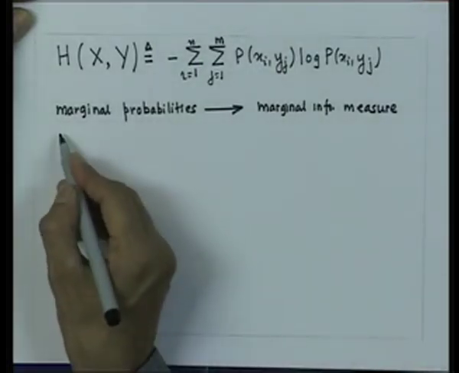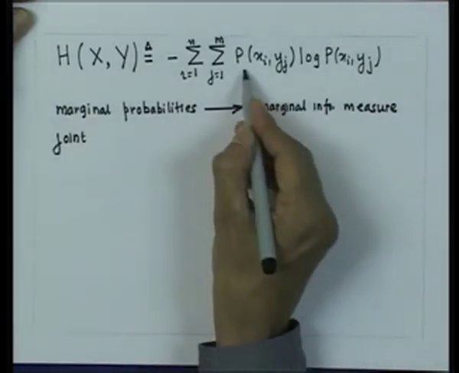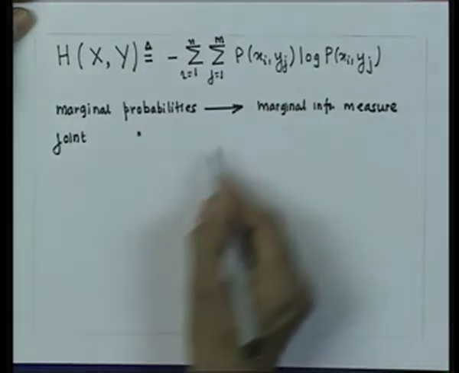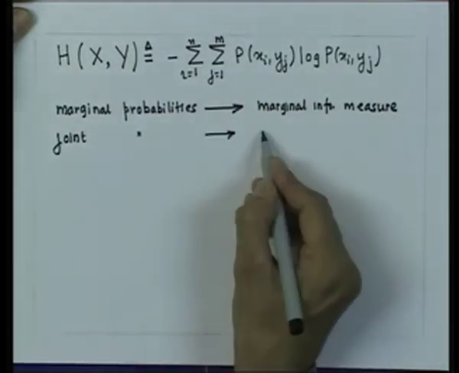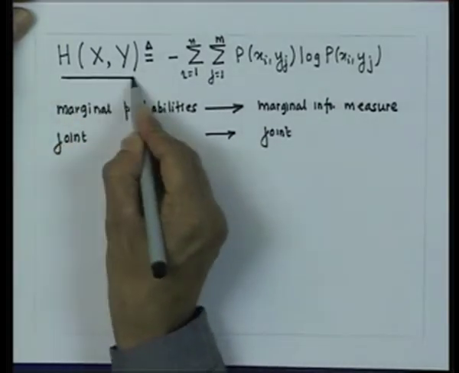Now, we have seen that if I have joint probabilities in the form of P of xi yj, then I can define the joint information measure.